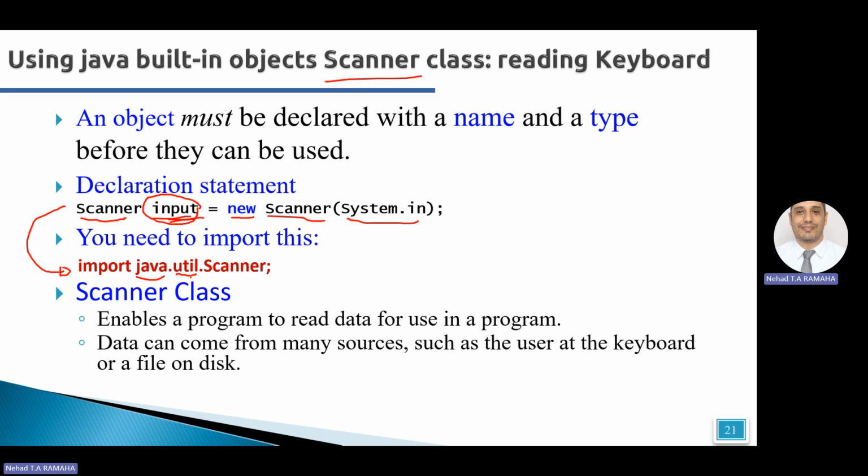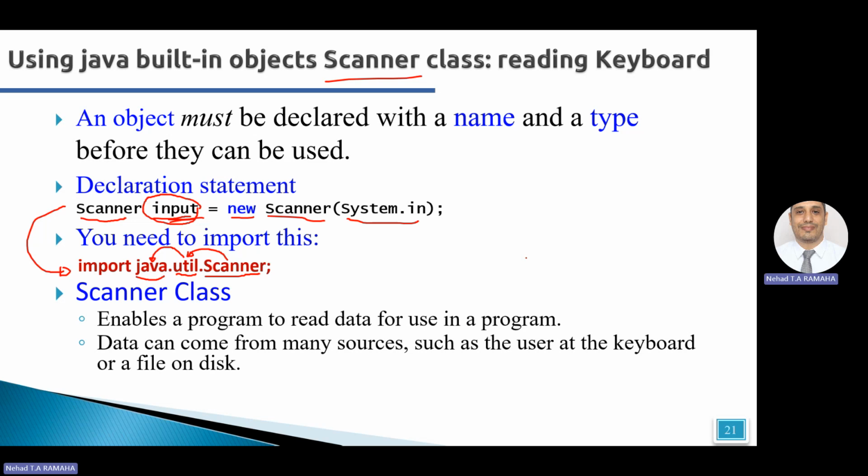It has some utilities, some classes that help you to do some jobs in Java. Then the name of the class, dot Scanner. So we call the class Scanner that exists in the package util, and util is part of Java.